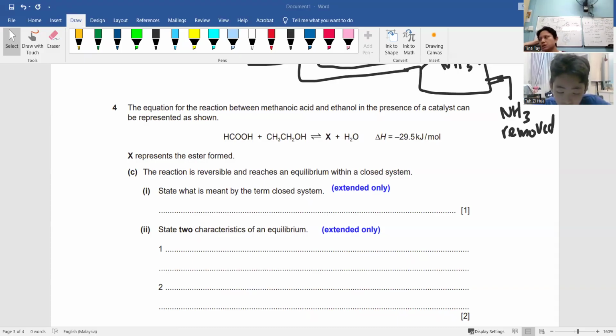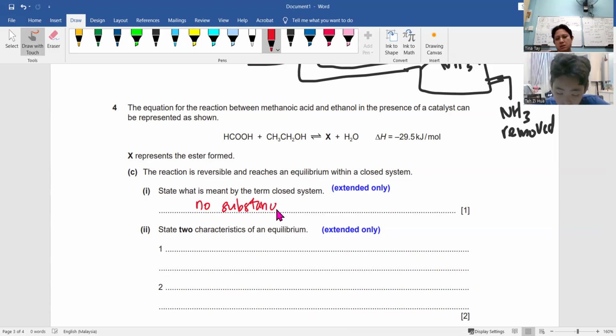So you cannot say matter. Not actually matter; it is that no substances can enter or leave. All right.